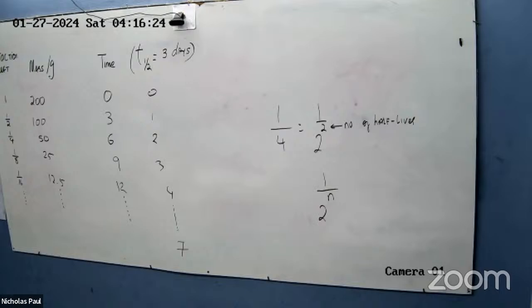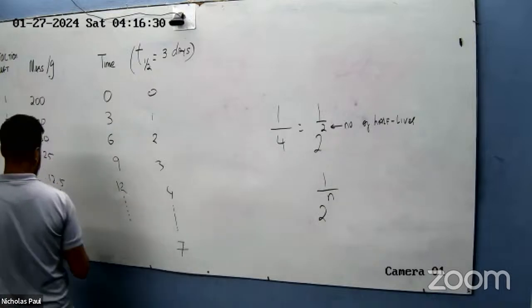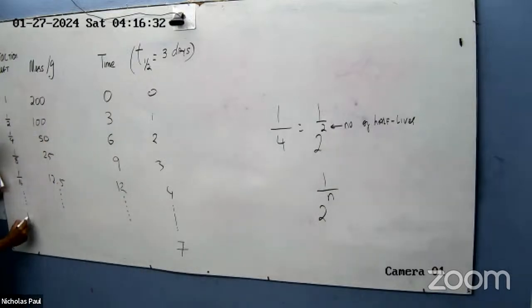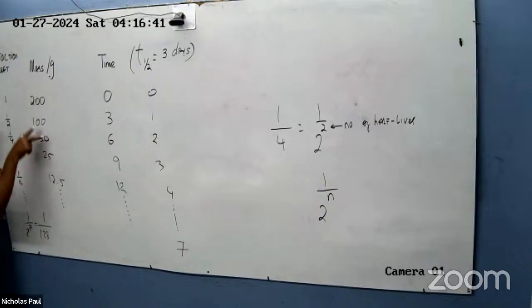Let's see what you got. So this is 1 over 2 to the power 7, which is 1 over what? 128. And you have to find 1 on 128 of 200.